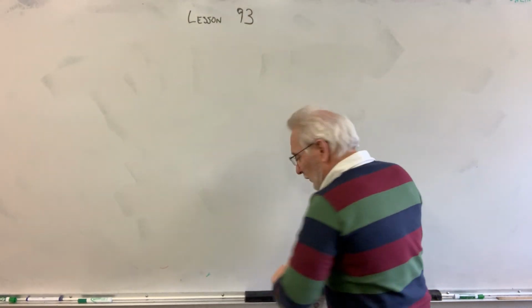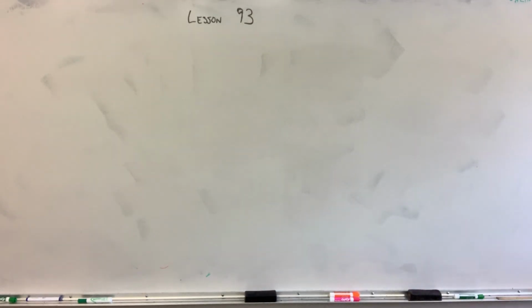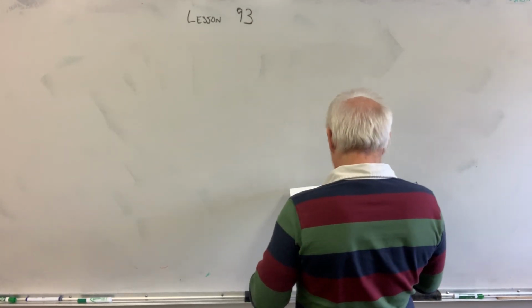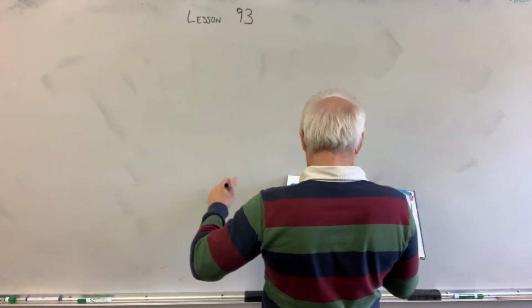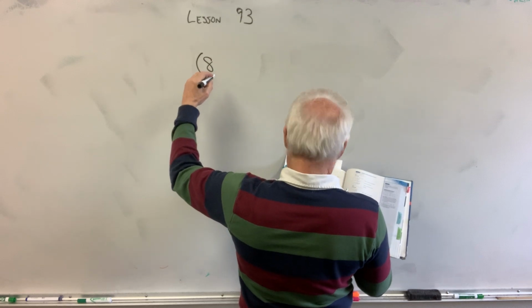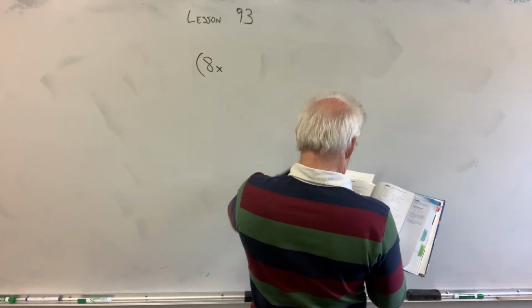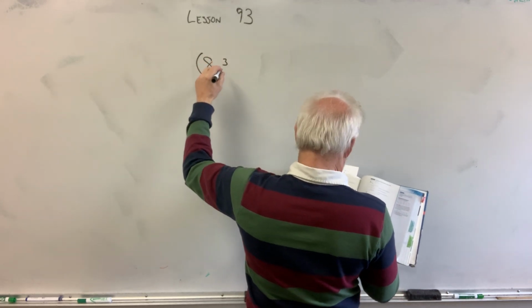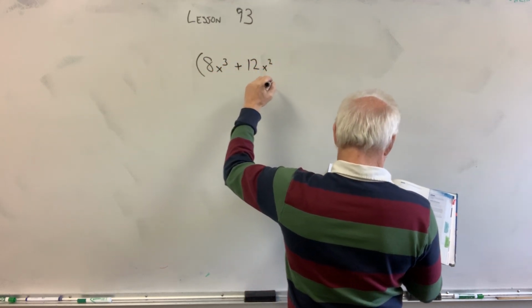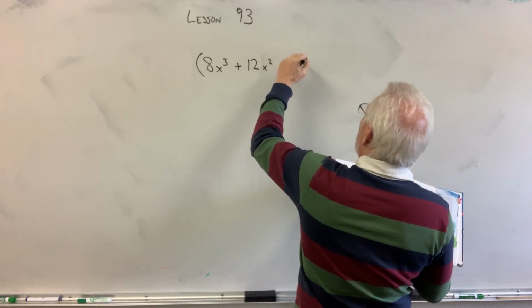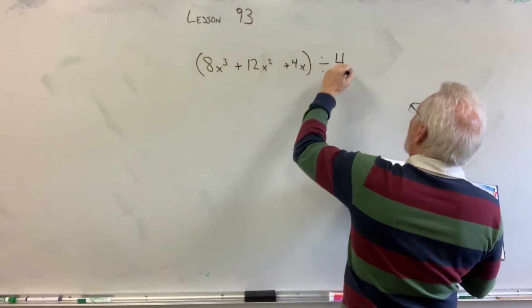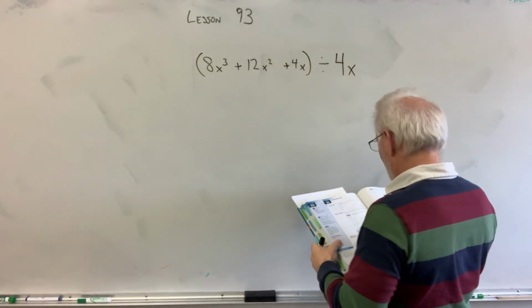let's look at the first one that's in your book. We are on page 616. Okay, first one right here says 8x cubed plus 12x squared plus 4x divided by 4x. Okay?